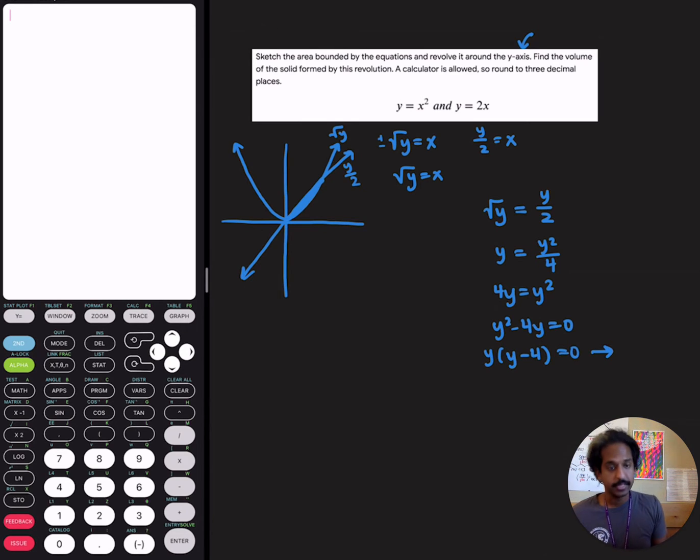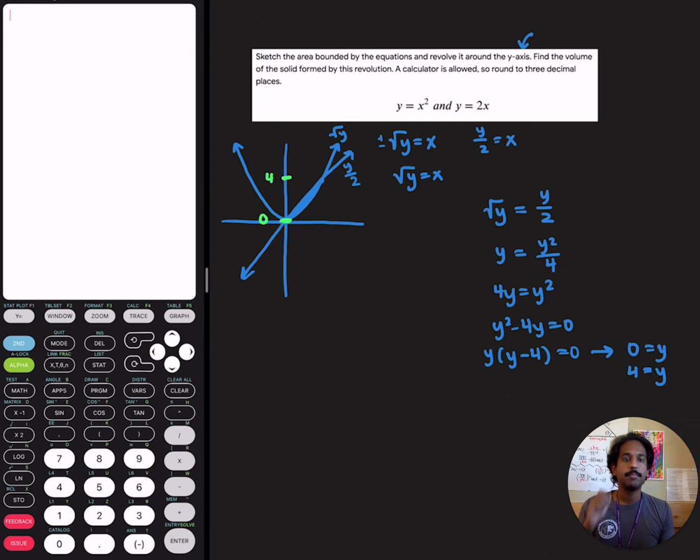And this will tell us that our two bounds, our two y values, are 0 is y, and also 4 is y. Okay, so we know the bounds. We know that this y value right here is 0, and this y value where they meet will be 4.